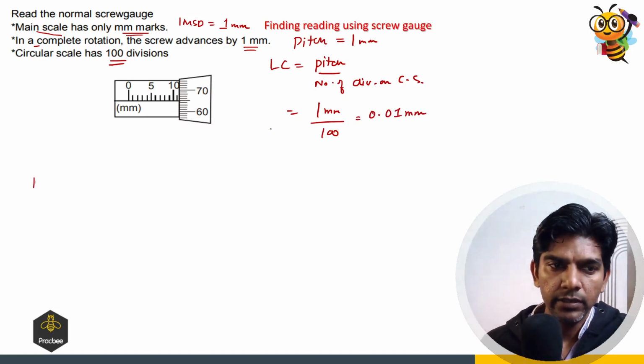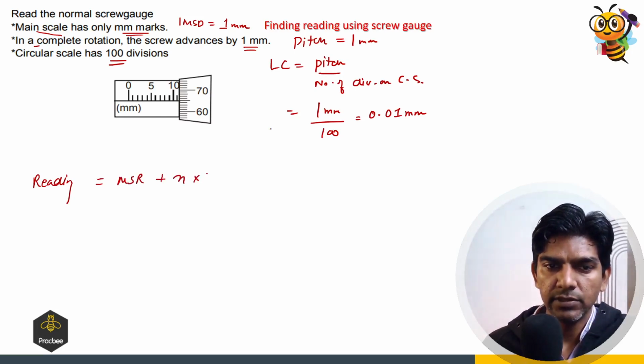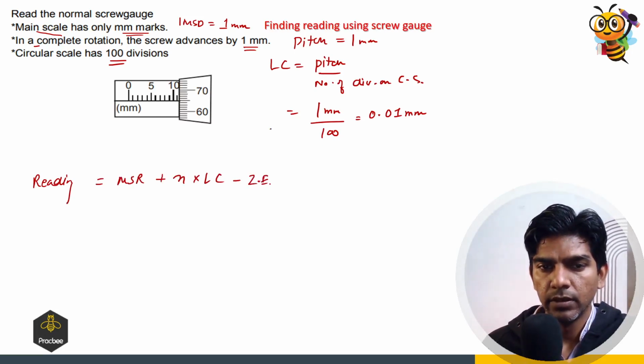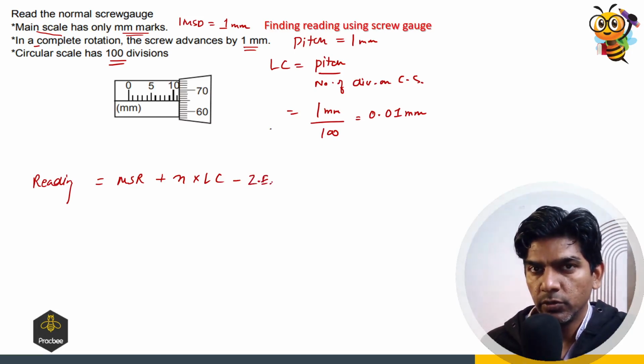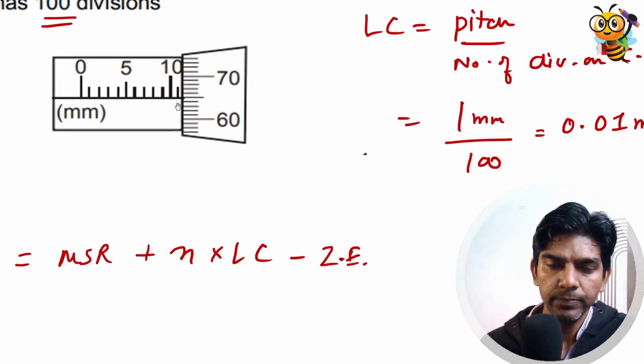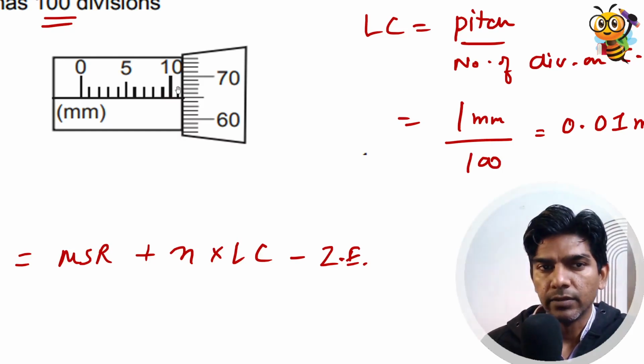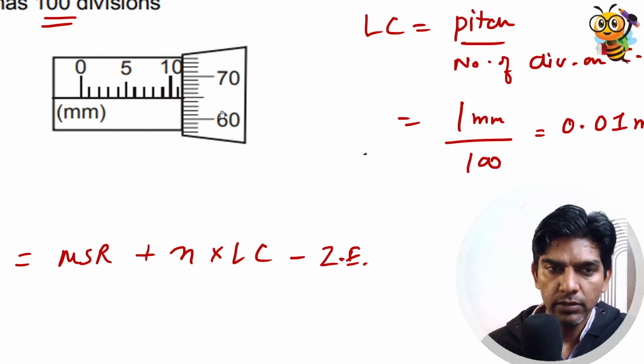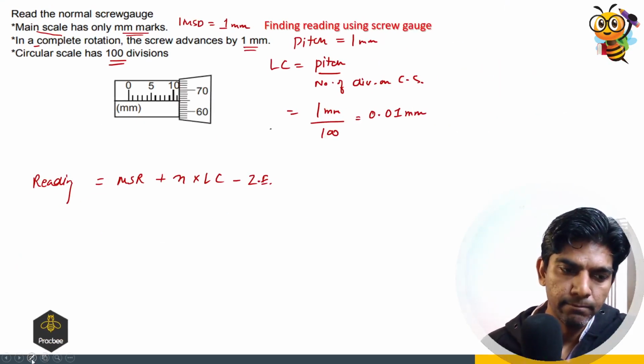Okay, so in this case, reading will be given as main scale reading plus n times the least count minus zero error. Since no information is given about the zero error, we can assume it to be nil. So how to measure? Look at this vertical line and see the reading to the left of this vertical line. So in this case it will be 10, this will be 11, right?